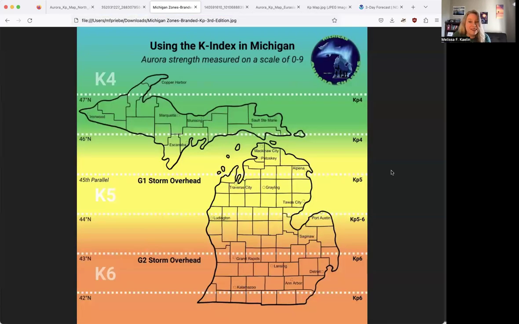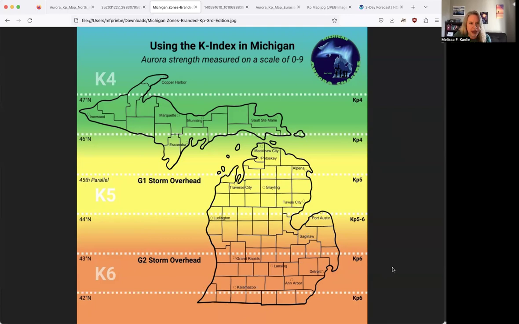Then we thought, okay, let's color code it to match what you're seeing from some of our sources for geomagnetic forecasting, space weather forecasting. So we created another edition of the map that lines up the K values and KP with a color system that tells you, when KP is stronger, when that geomagnetic activity is stronger, or when the K index is stronger, it's going to push farther south.